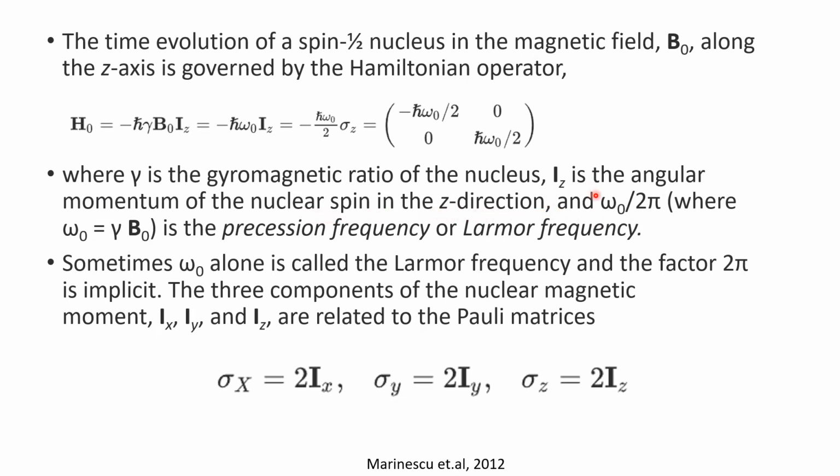We define omega over 2 pi, where omega is gamma multiplied by B0, as the precession frequency, or the Larmor frequency that we hear so often. The nuclear magnetic moments Ix, Iy, and Iz are related to the Pauli matrices.